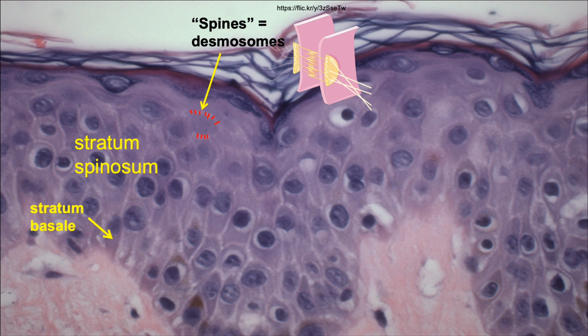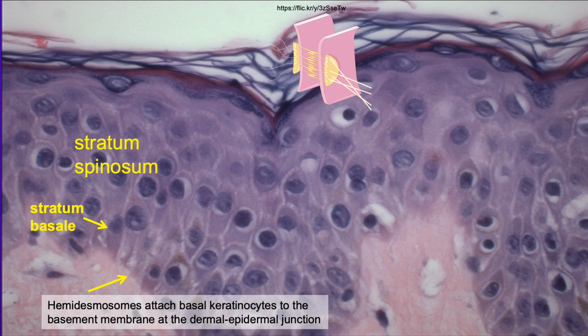Each one of these lines or rungs is actually a pretty complex structure known as a desmosome. And the desmosome, as you can see here, spans the cell membrane of adjacent keratinocytes and is connected to internal cables or intermediate keratin filaments that are characteristic of the keratinocytes.